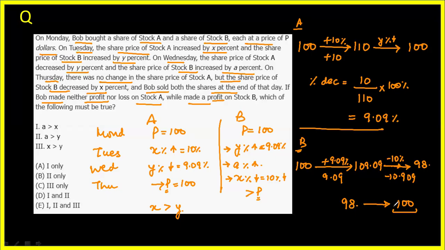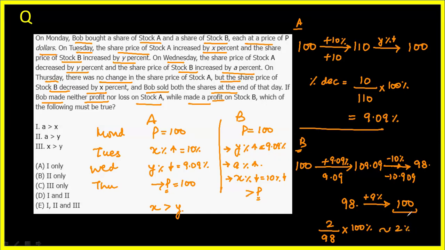If we just consider 100, how much increase is required? From 98 to 100, there is a $2 increase. That means this increase percent is $2 divided by 98 times 100%, which comes out close to 2%.